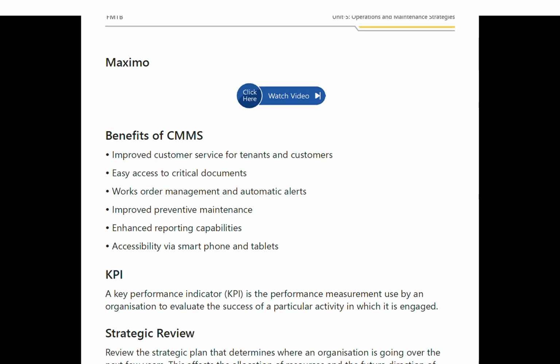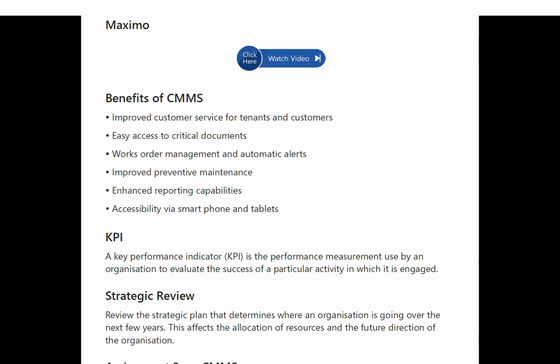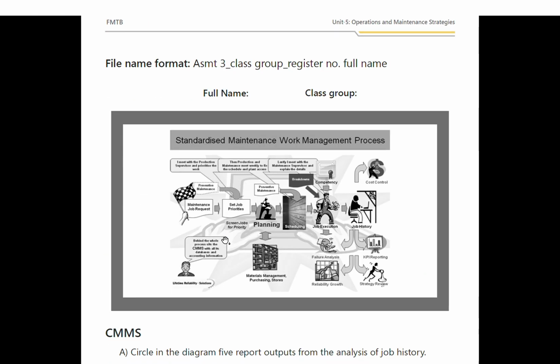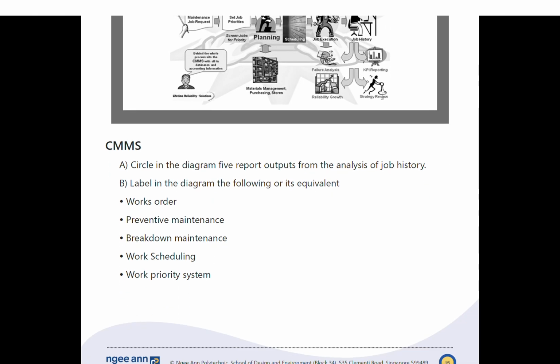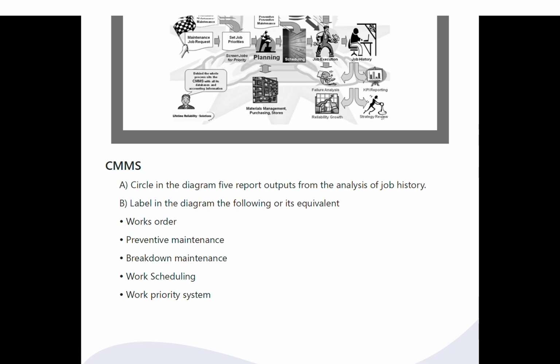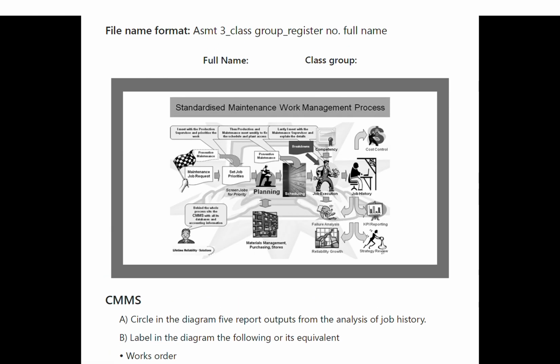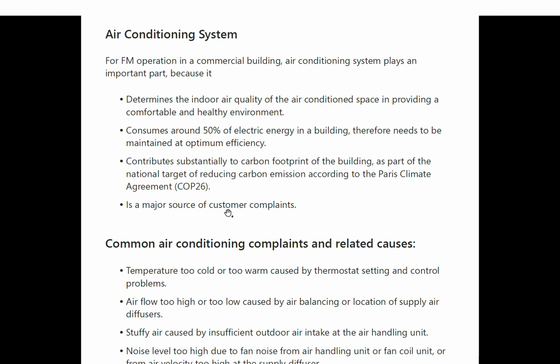By some KPI, for example, how long you take to resolve certain things. So this is a KPI that can be seen in the CMMS. Yeah, right. So a circle diagram, and then report out the analysis of work, labelling the following: work order, preventive order, and work schedule. So this is a simple exercise that you can do, right?